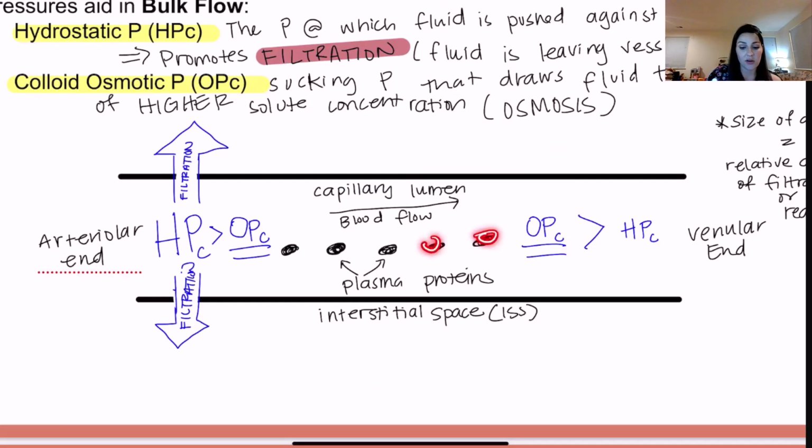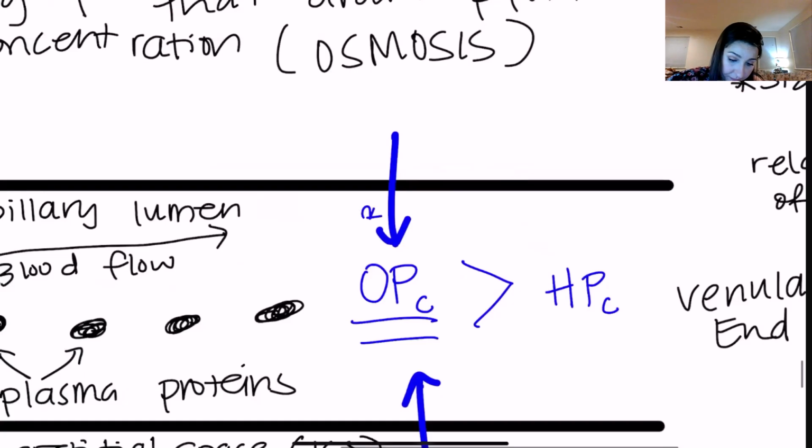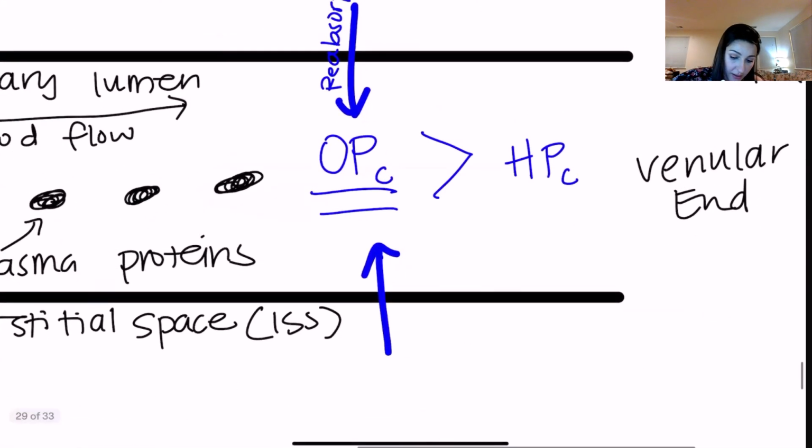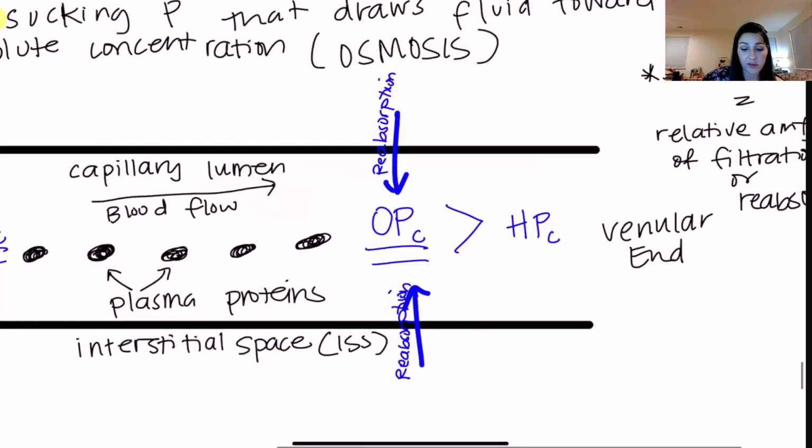So anytime there's lots of solutes, like plasma proteins, that's going to pull the water inside. But this arrow is smaller. This process is called reabsorption. Same thing on the other side. So that's pulling fluid in.